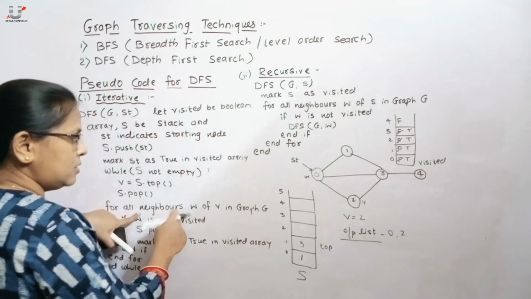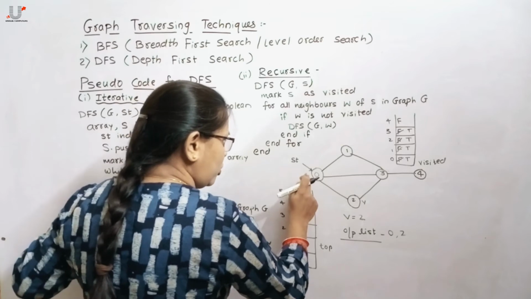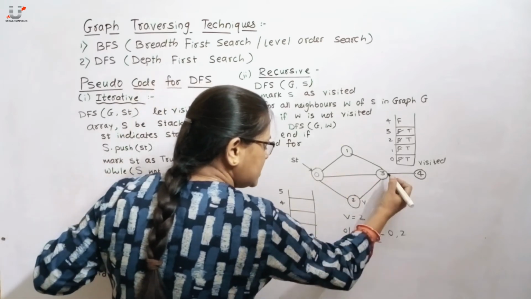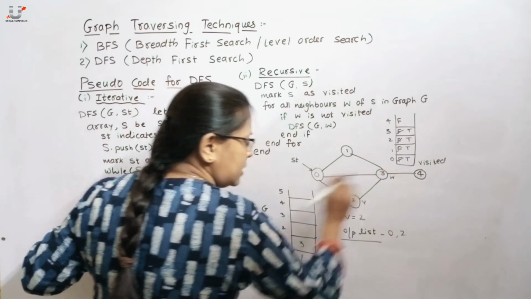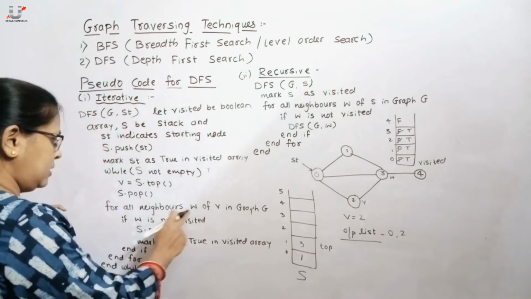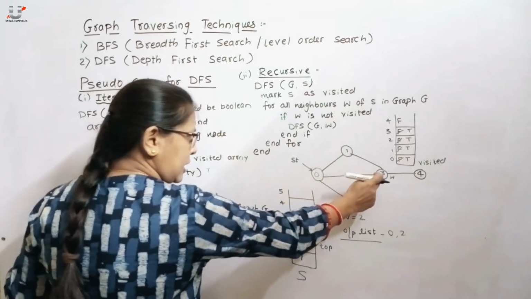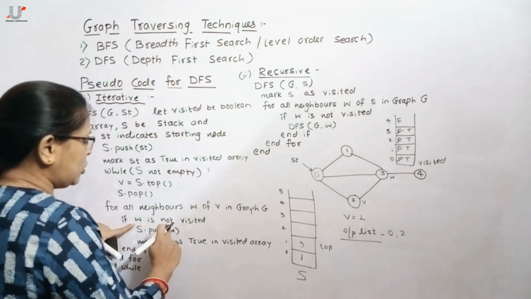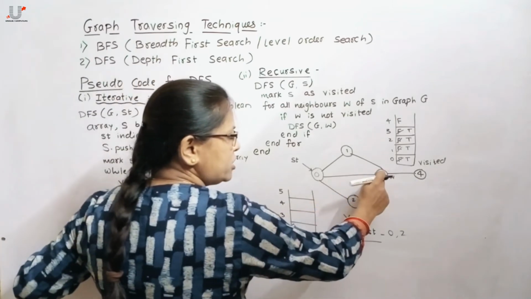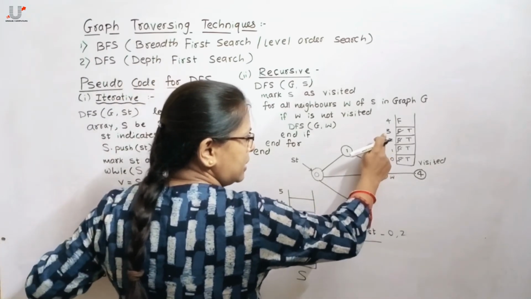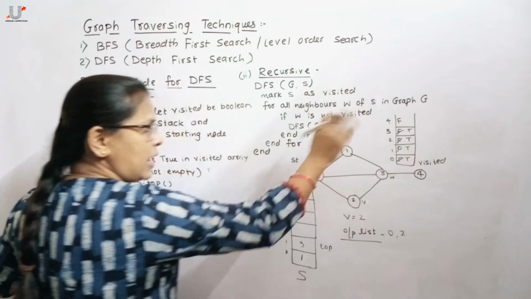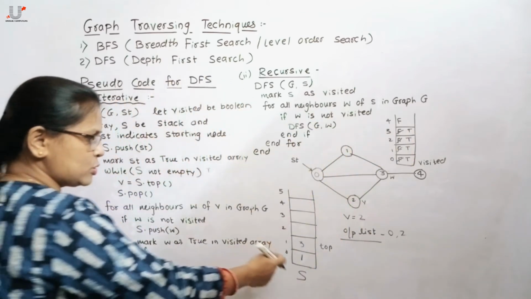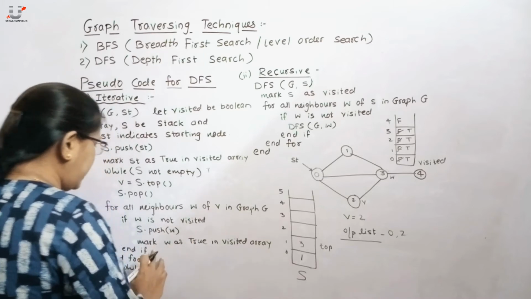Then again check the next unvisited node for that v. So the next adjacent node for this 2 is 3. Then check whether w, meaning 3, is not visited. As it has already been visited and stored within the stack, leave it.